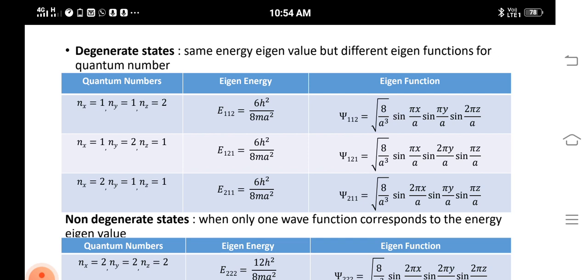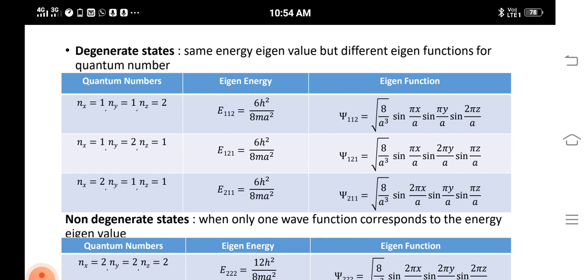For the next level, quantum numbers changing, nx is 1, ny is 2, nz is 1. For that, E121 is equal to 6 h squared divided by 8 m a squared.